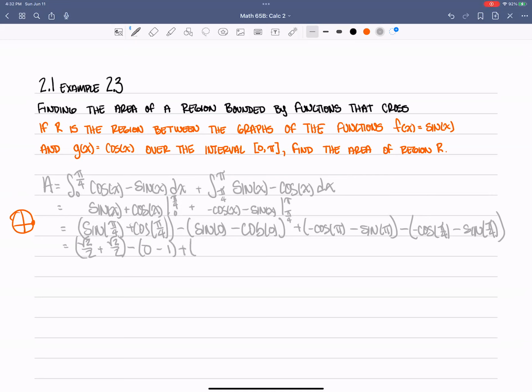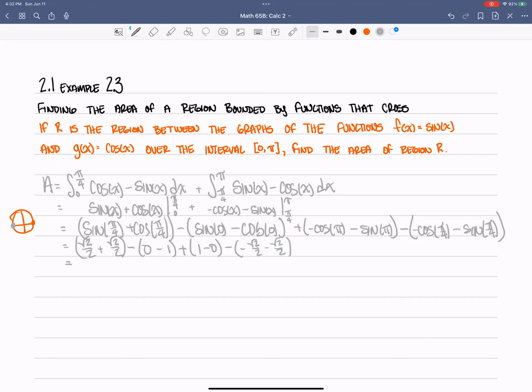Plus we have negative cosine of pi, which is negative of negative 1, which is positive 1. Sine of pi is going to be 0, so minus 0. Minus cosine of pi fourths, that's going to be a negative root 2 over 2. Negative sine of pi over 4 is a negative root 2 over 2.